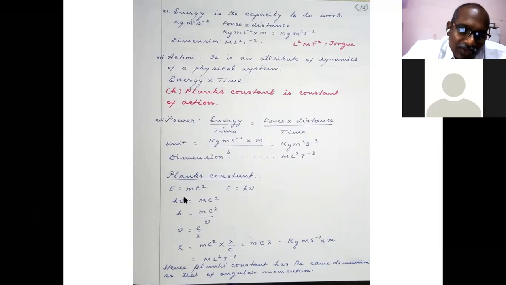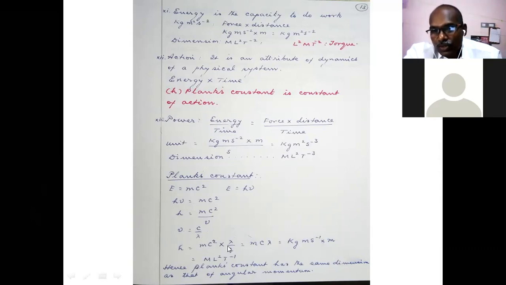So when you equate mc square and h nu, you can write h nu is equal to mc square, so h is equal to mc square by nu. Since c is equal to nu lambda, nu is equal to c by lambda. If you substitute c by lambda in the place of nu, you will get m c lambda. What is m? Mass, kilogram.